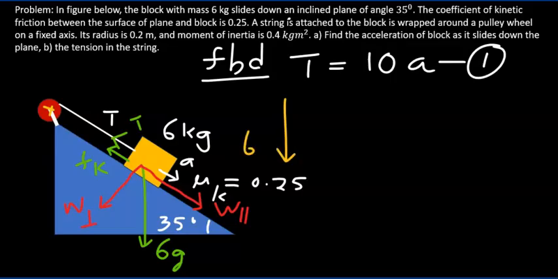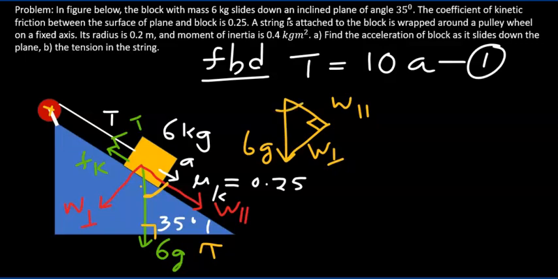So that is your 6g. This is W parallel, and that is W perpendicular. As you can see, this is 90 degrees. Now what about this angle right there? If this is 35 degrees, this is 90 degrees, so that must be 55 degrees. So that is the angle between 6g and W parallel.